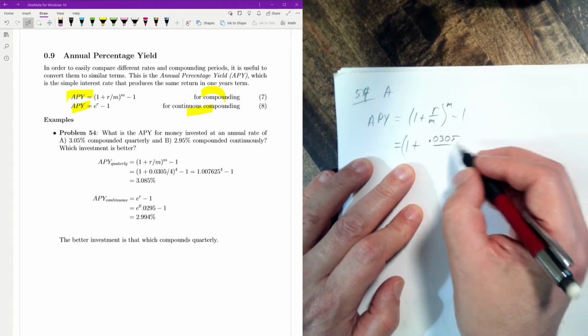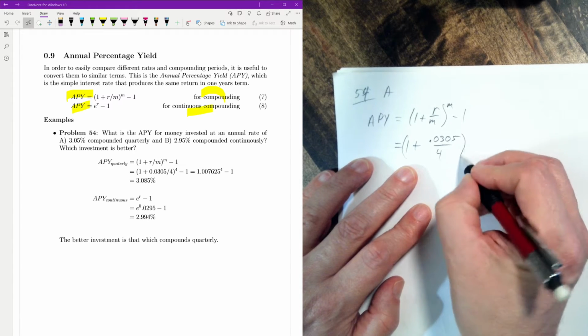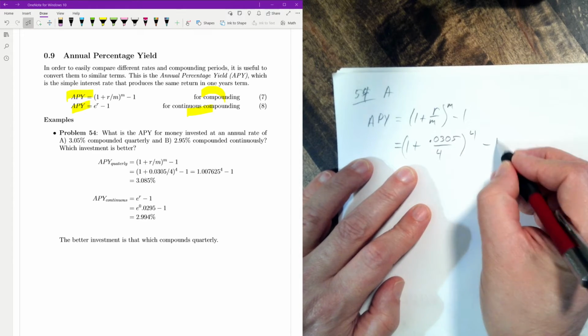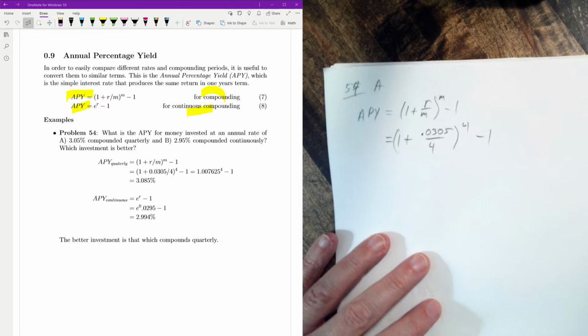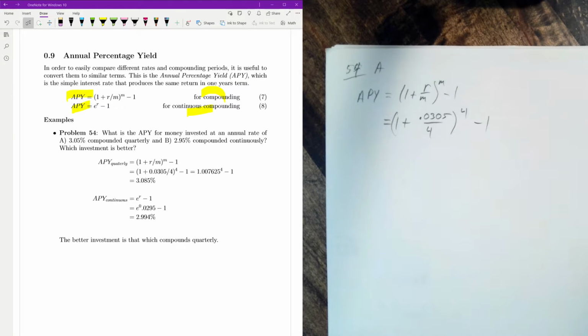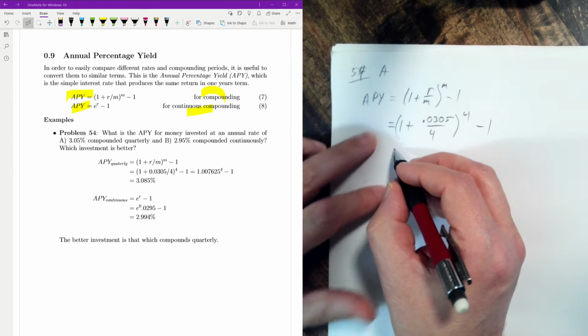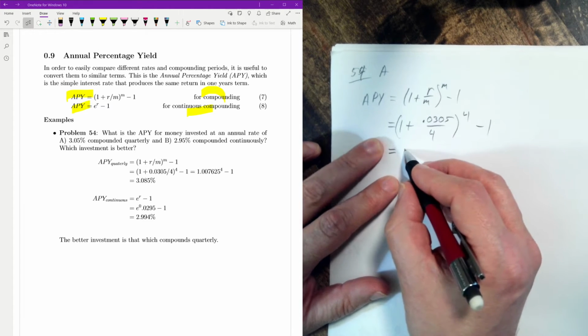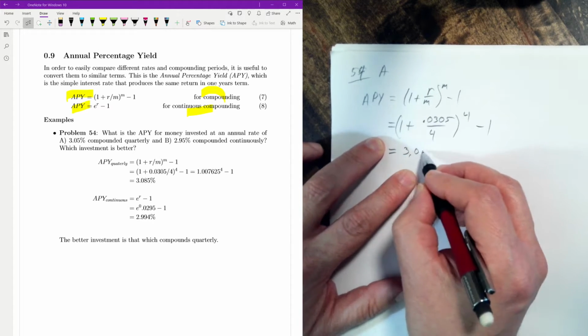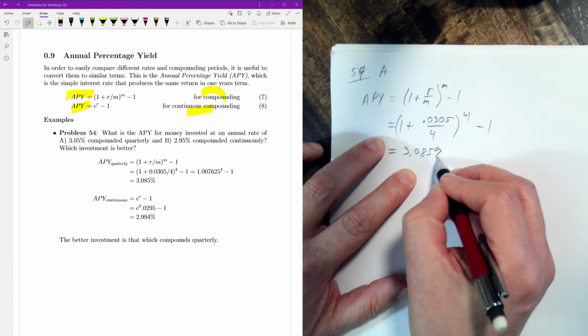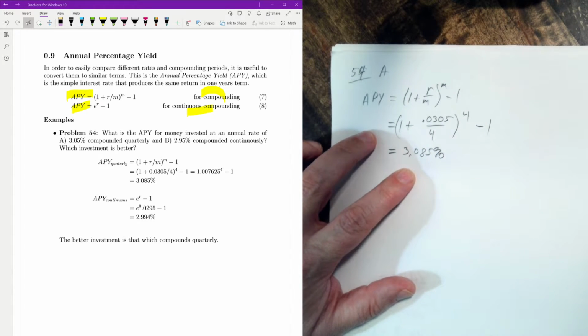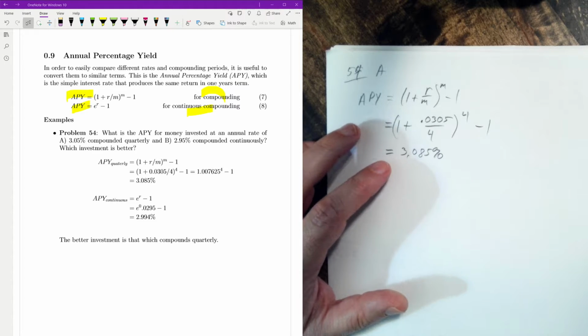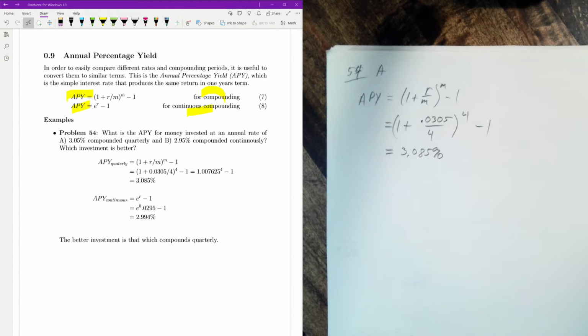There's 4 quarters in a year, so that's 4, to the 4, minus 1. Using your calculator and doing the work appropriately, you end up with 3.085%. And double check that on your calculator. These are the types of numbers you should get.